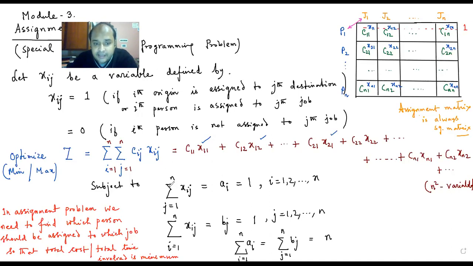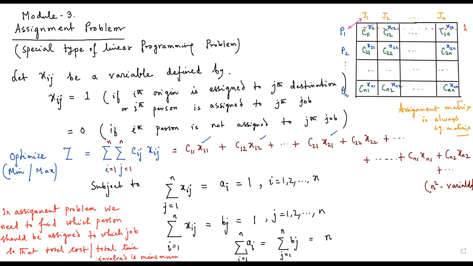For example, here it is written, j is running from 1 to n. You see the j values are changing, 1 to n, while the row is fixed, 1 is fixed. So in this case, we write X11 plus X12 plus ... plus X1n, and that must sum to 1. Similarly, the row summation of the second row must also be equal to 1. The row summation of the third row, up to the last row, must also be equal to 1, which is actually being given to us by this particular constraint.